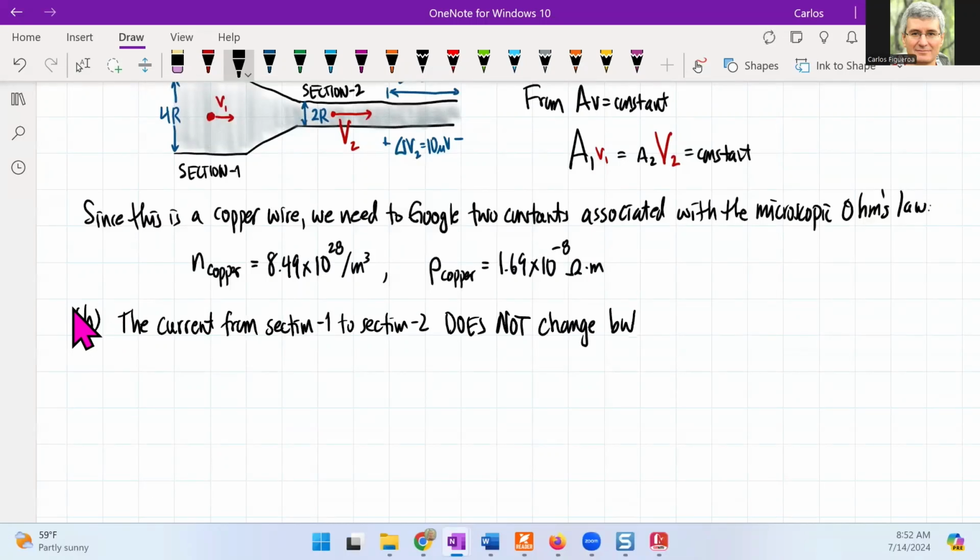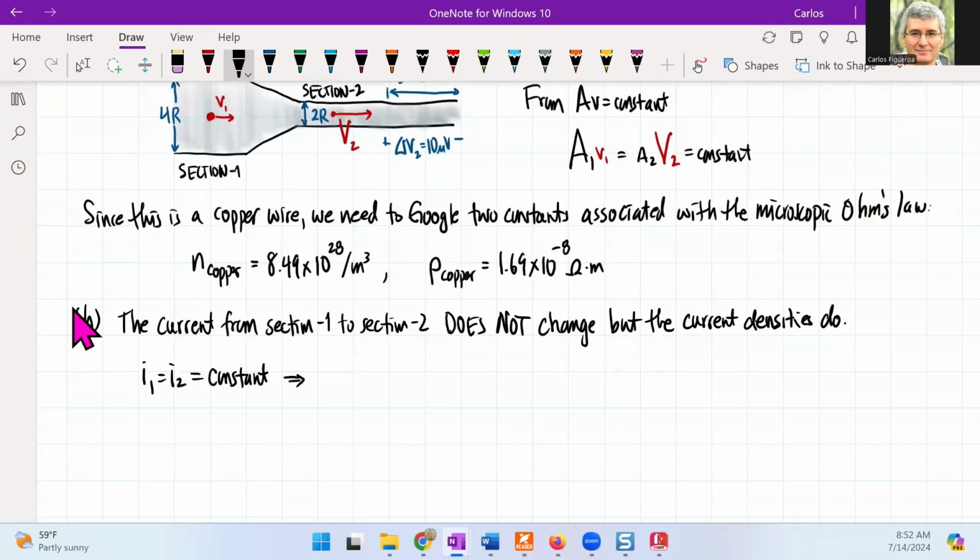But the current densities do. So I know that the current must remain the same in each of these.